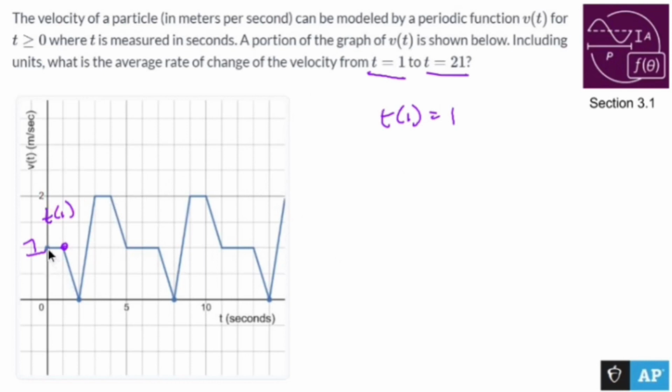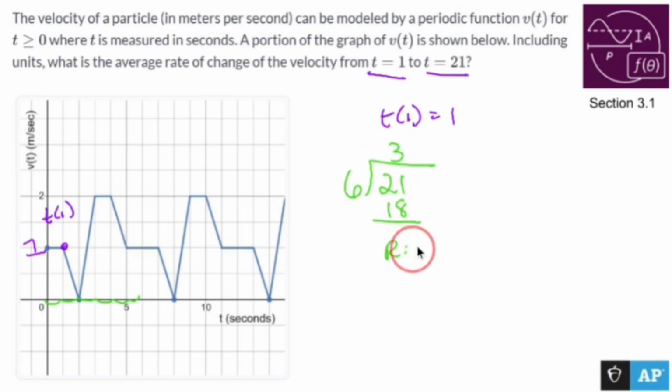It looks like this repeats every 1, 2, 3, 4, 5, 6 spaces. We start out by going one flat line, then down, then up, then down, then 2 flat lines. So every 6 spaces, it repeats. In order to find out what's going to happen at 21, you divide 21 by 6 and find your remainder. 6 goes into 21 three times. 3 times 6 is 18.